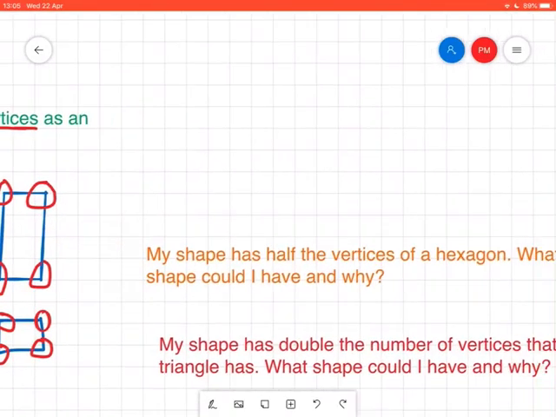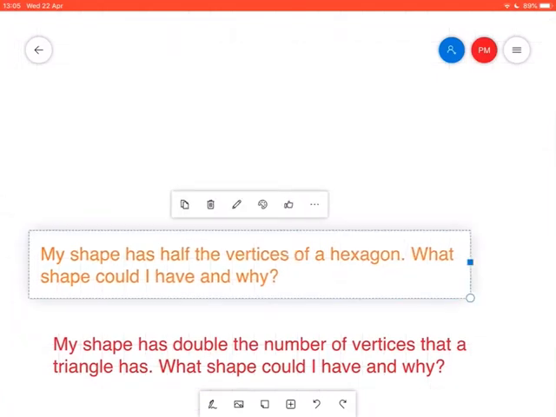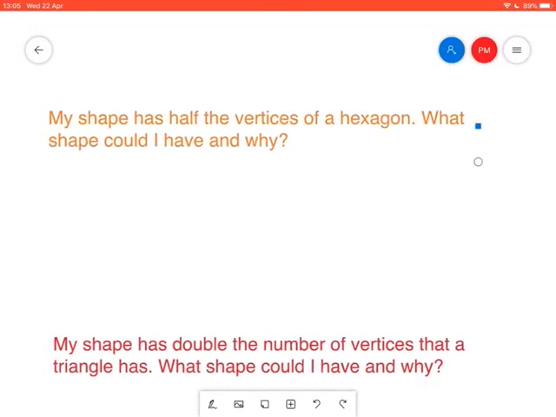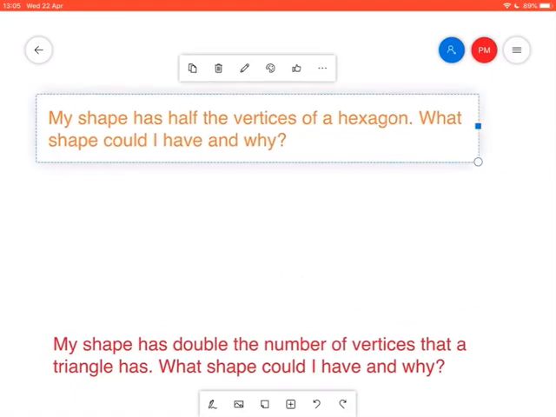So we have got 2 questions over here for you to do. We've got an orange chili and a red chili. So the orange chili is, my shape has half the vertices of a hexagon. What shape could I have and why? And the red chili is, my shape has double the number of vertices that a triangle has.